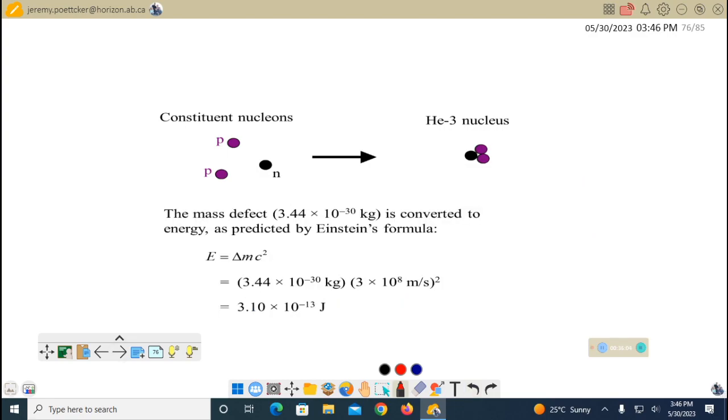The mass defect is converted to energy as predicted by Einstein's formula, E equals delta m c squared. Our delta m was this value here, and c is there, squared. The nuclear mass defect multiplied by the speed of light squared gives us this many joules worth of binding energy.